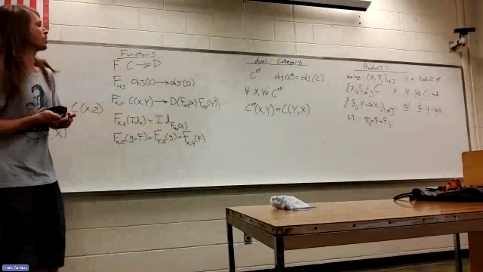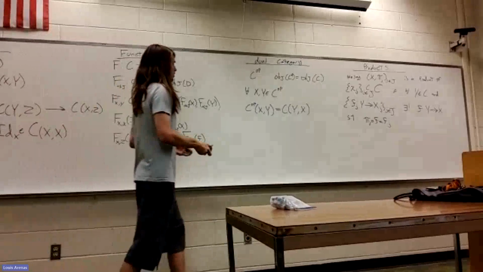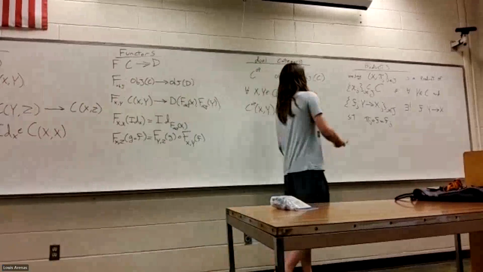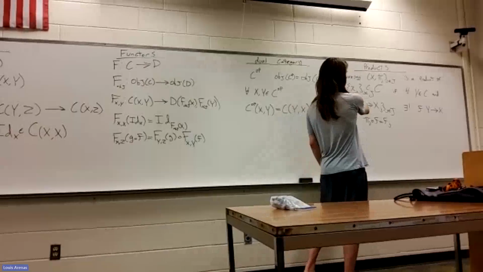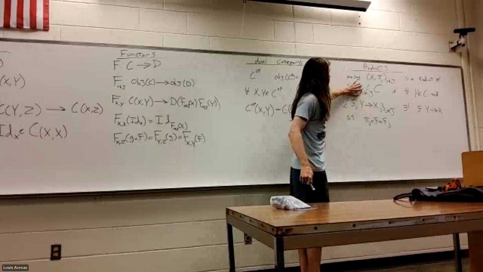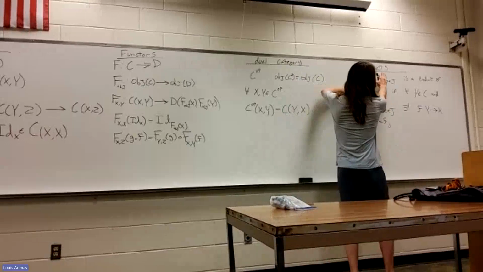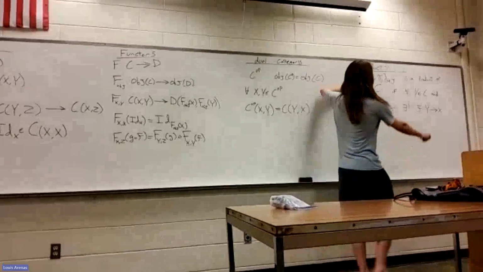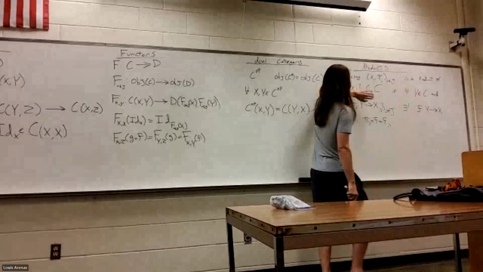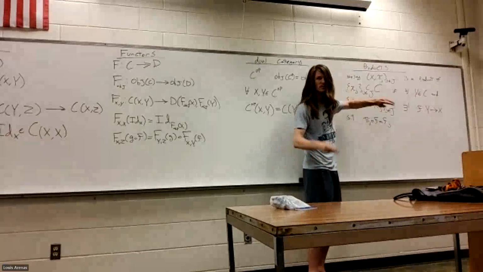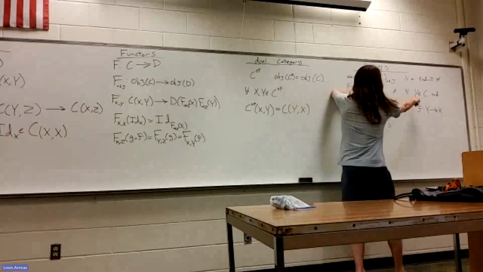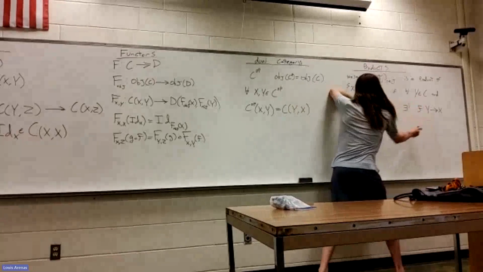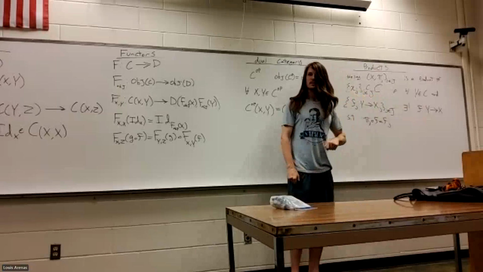And now I just want to point out that if this collection is empty, then I don't have any of these morphisms. I just have an object. And I'm saying that for any other object, there exists a unique morphism to my object.